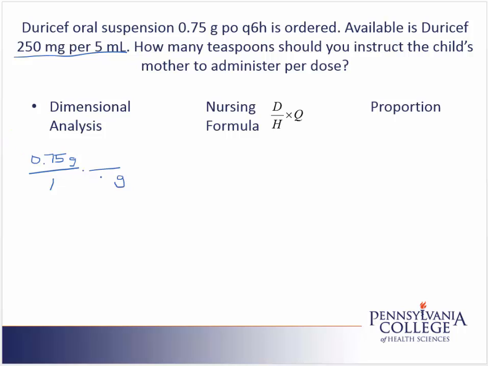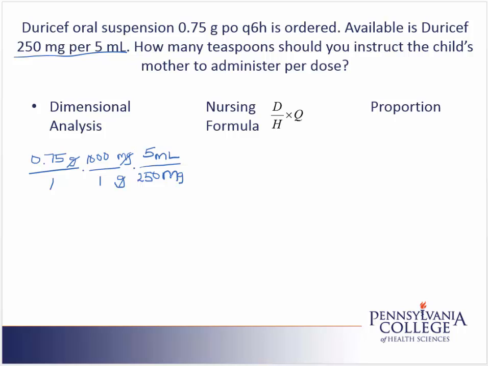So I have memorized that 1 gram is the same as 1,000 milligrams. Now the label of grams cancels and I'm working with milligrams. I'll need to put milligrams on the bottom of my fraction. From the available medication, I know that there are 250 milligrams per 5 milliliters.